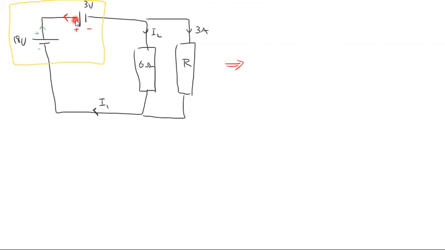Wait. Oh, so the 18 volts. Yeah, because it's got more volts, right? If you've got an 18 volt versus a 3 volt, the 18 volt will win. And win by how much? What's left? 15 volts. Yeah.